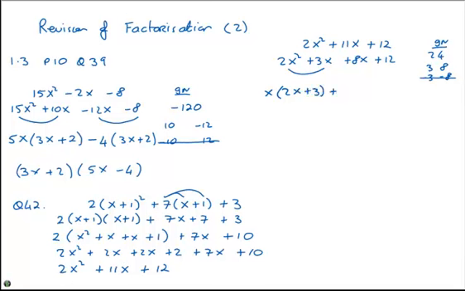Of course 2 can come out, lads, but you take out the highest, take out the 4. And remember that these 2 brackets have to match. And you're finished. Okay, that's that question done.